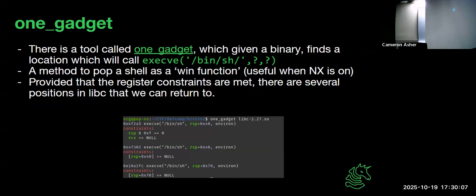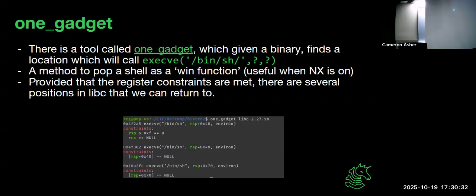There's a tool known as OneGadget that is going to search for a gadget that will basically pop a shell. It'll do the execve syscall with bin sh. So if you set your return address to this, it will open a shell, given that some constraints are met on the registers.